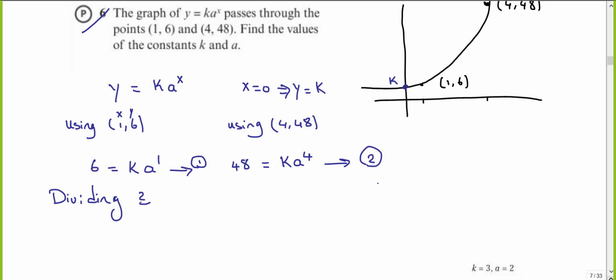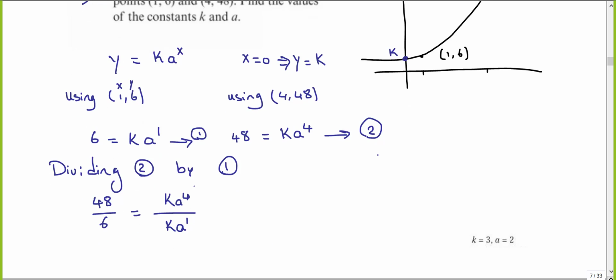So it's a good idea to divide 2 by 1. How? You do 48, that's from 2, divide 6, this is from 1, equals k a to the 4, divide k a to the 1. What will happen here is that one of the variables will cancel out.